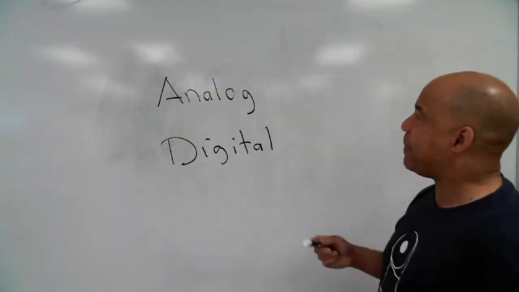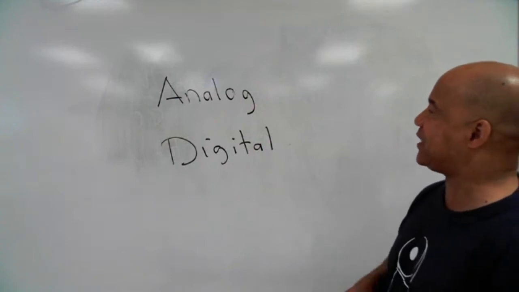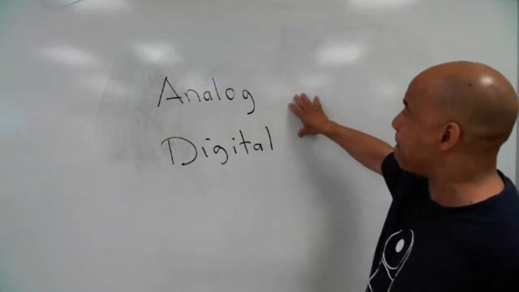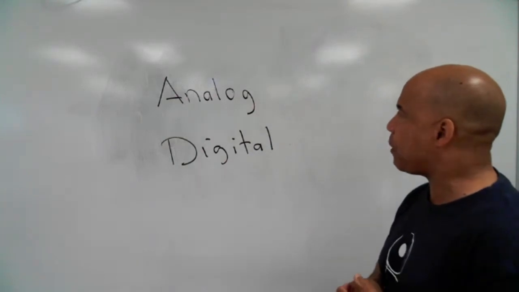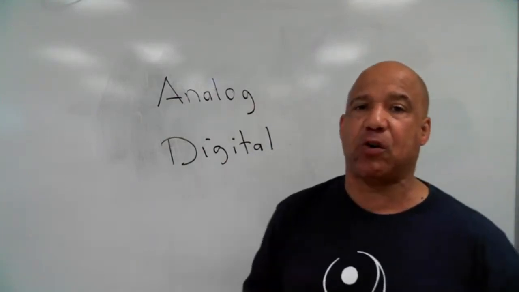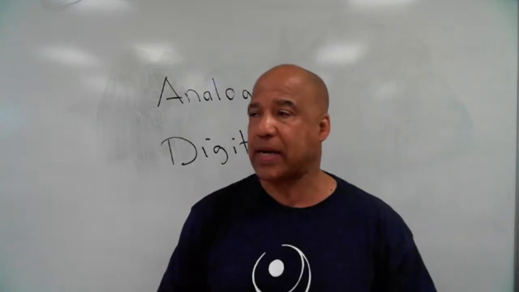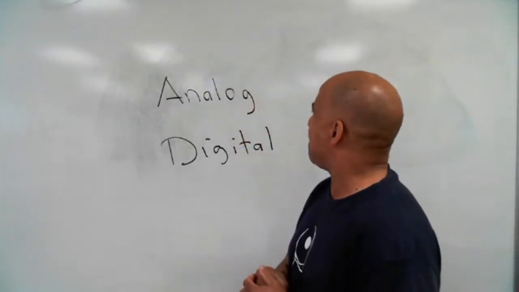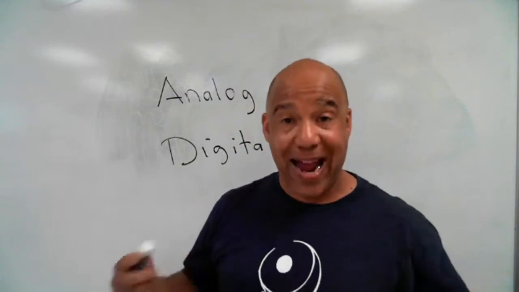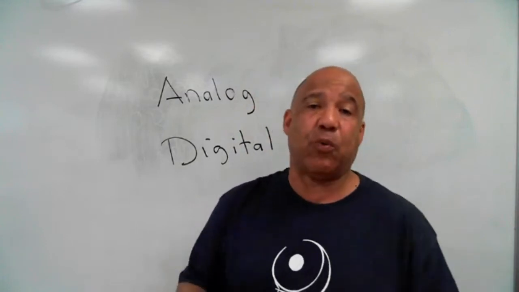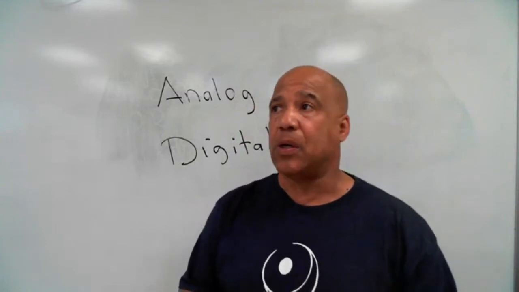The best way to understand that is to think about an example. Before I talk about the example, I want you to think about physical quantities. It turns out that most physical quantities in nature are analog. They're continual, at least the ones that we'll measure in this class.